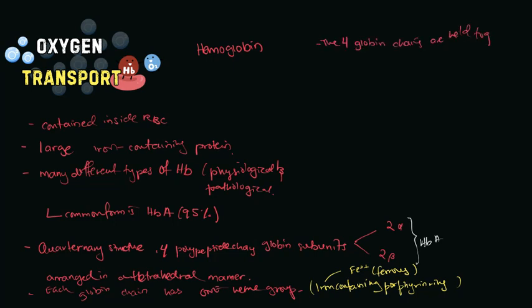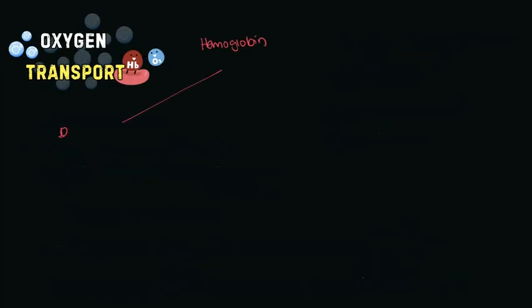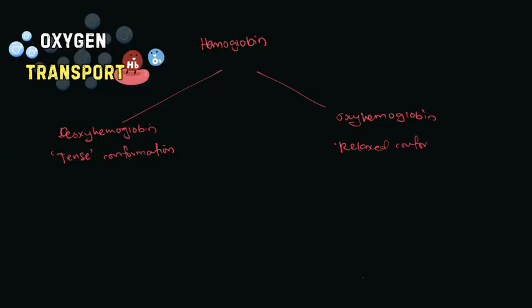The 4 globin chains are connected via weak electrical forces, and one hemoglobin molecule can bind up to 4 oxygen molecules. So when we talk about hemoglobin in the body, it exists in 2 forms, either deoxygenated or oxygenated.